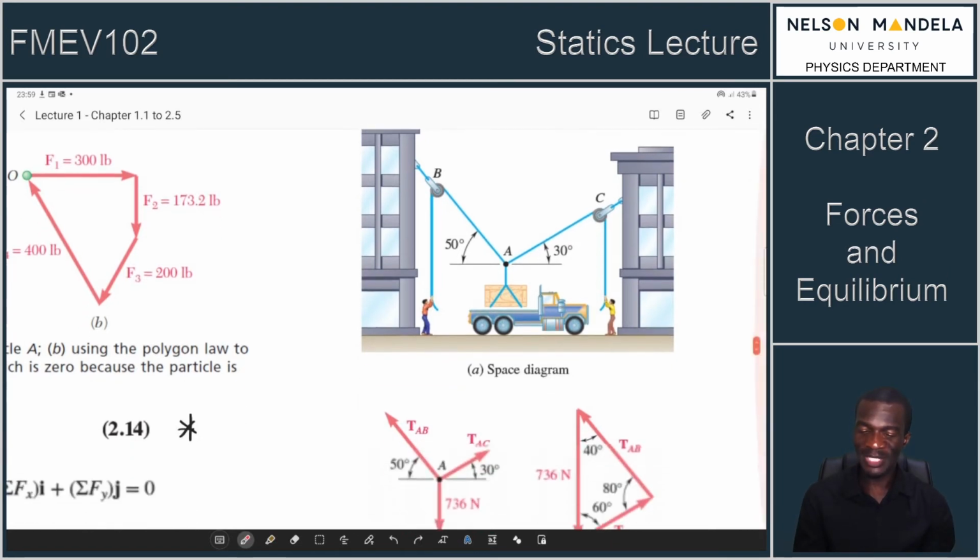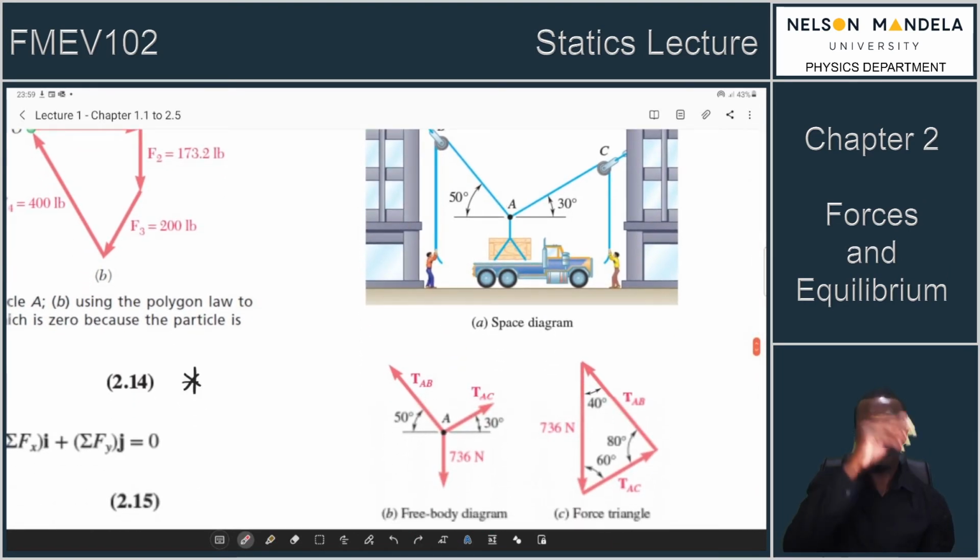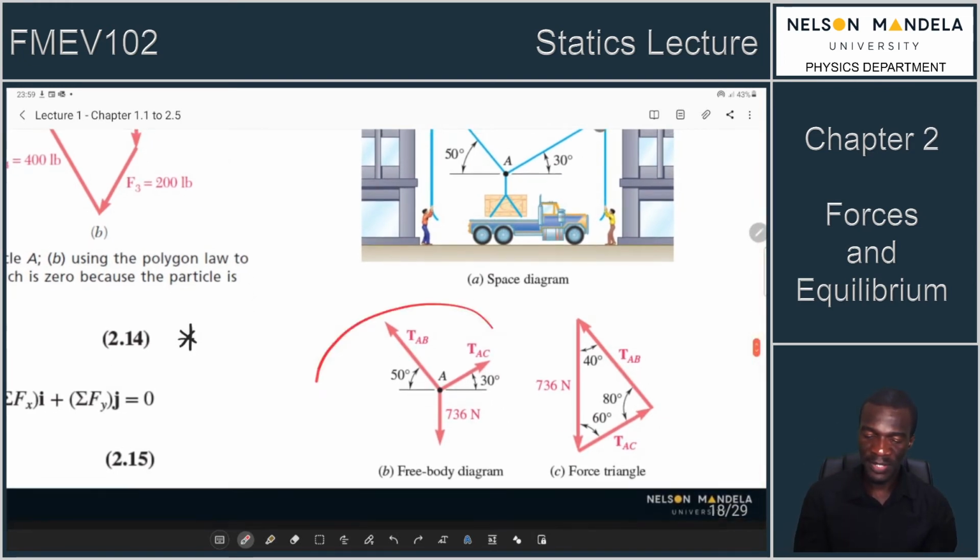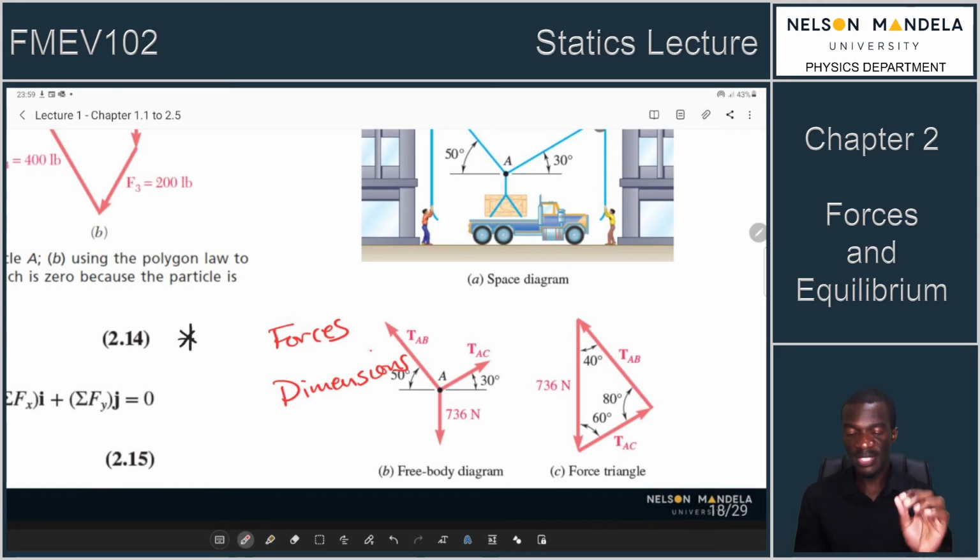Instead of having to draw the whole space diagram, you can come up with what is called a free body diagram. The free body diagram has 2 important things. In dynamics, it will have a 3rd important thing, but we are in statics, so it has 2 important things. It has the forces, and it has the dimensions. Those are the 2 important things that we need to see on your free body diagram.